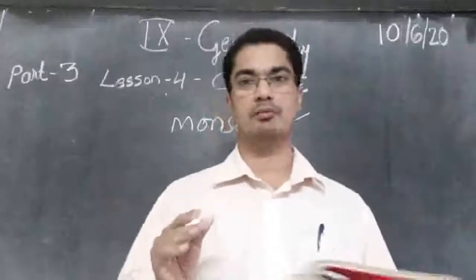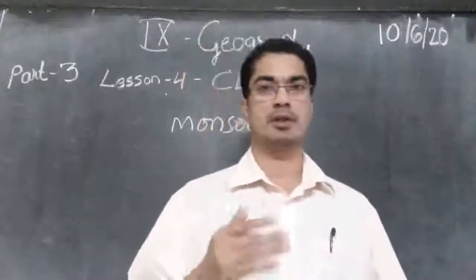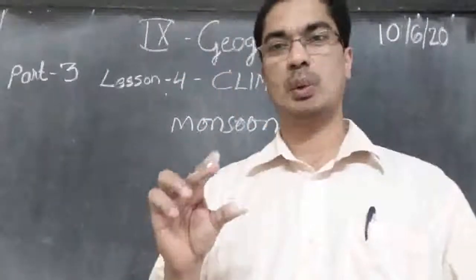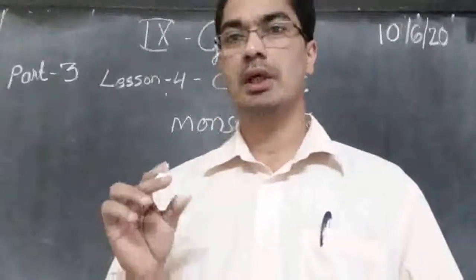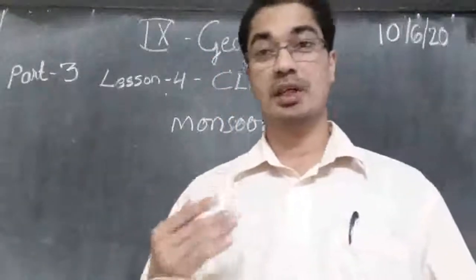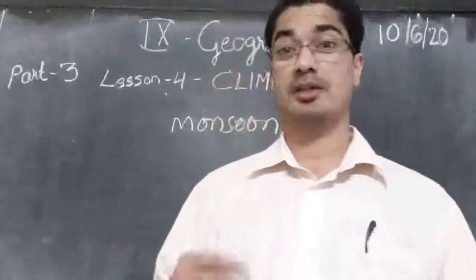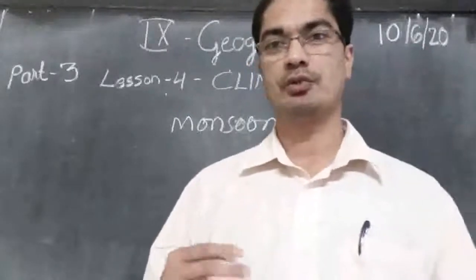So these two streams are also flowing, and because of all these effects, the monsoon is taking place. So there are 5 reasons why the monsoon is happening. Let us see once again what the responsible factors are for these monsoon winds.